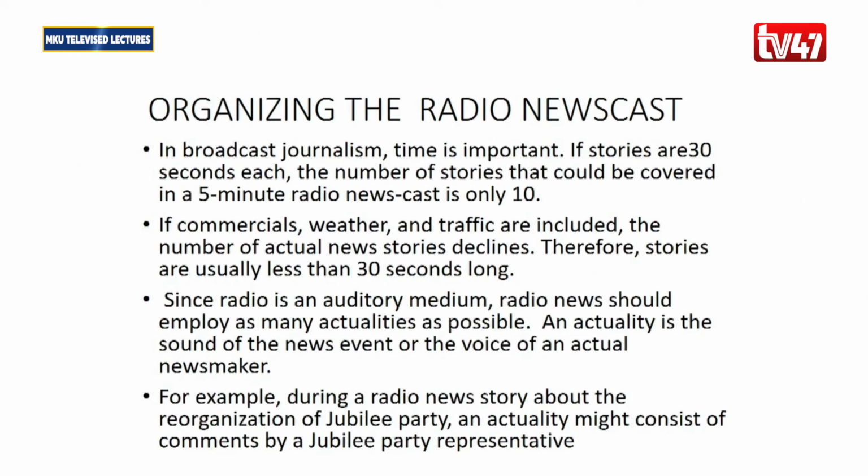In broadcast journalism, time is important. If stories are 30 seconds each, the number of stories that would be covered in a 5-minute radio newscast is only 10. So it would be useful to have some stories that are even shorter than 30 seconds.